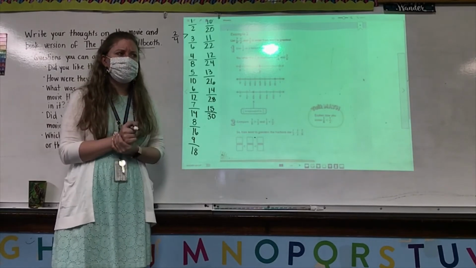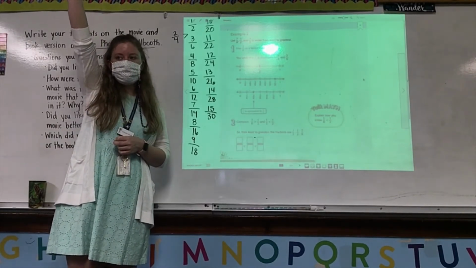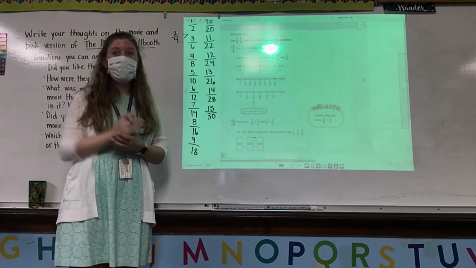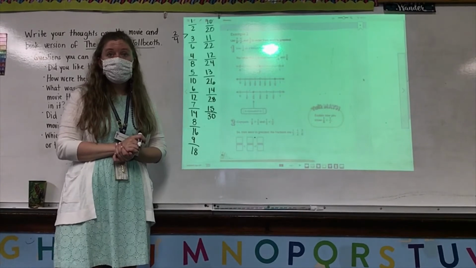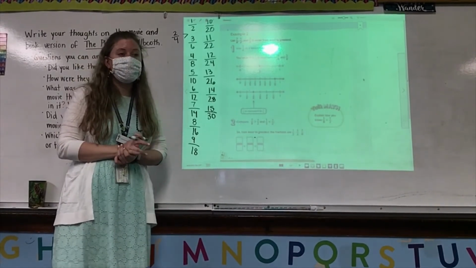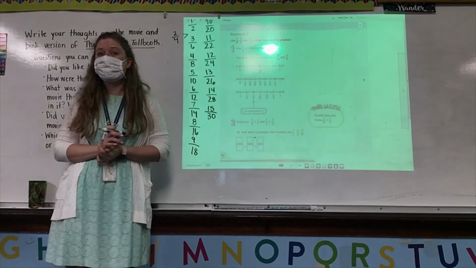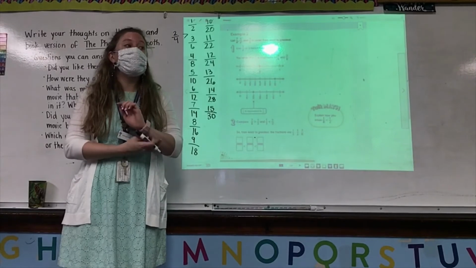Is our answer going to be in numbers or words? Smith? Numbers. Are there any words to even write? No. I'm not going to write the words least and greatest. This is not a real world problem, so I'm not figuring out are there more cranberries or raisins. This answer will be written in numbers.